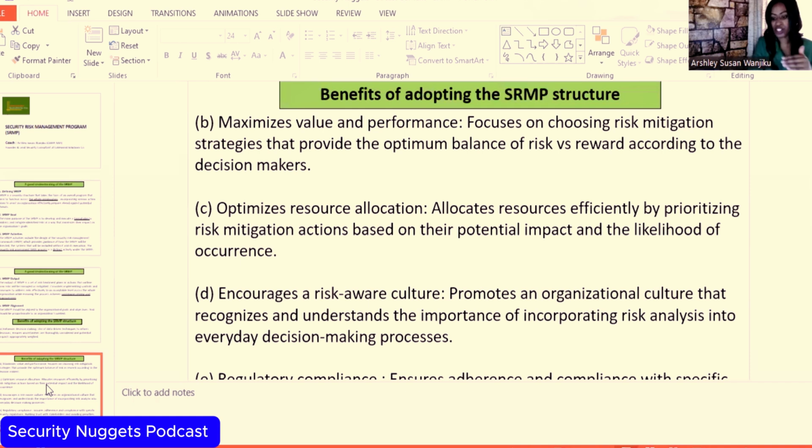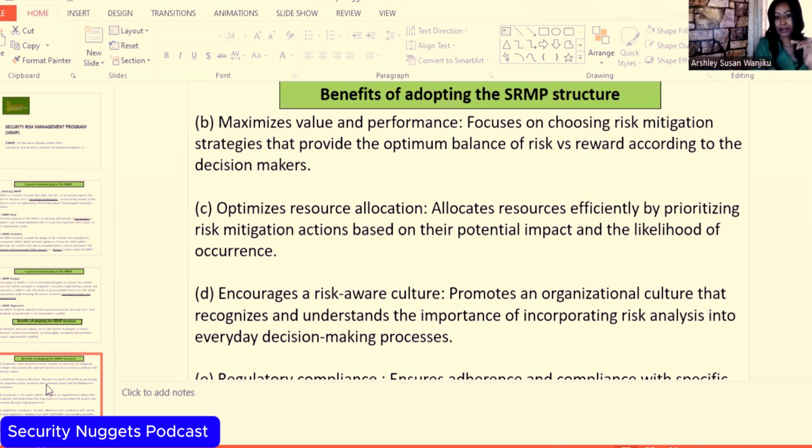If you're a professional who can demonstrate the value of mitigation action plans to an organization, and get the maximum value from those plans, then you'll be maximizing value and performance. And that is what you get when you use a security risk management program structure.